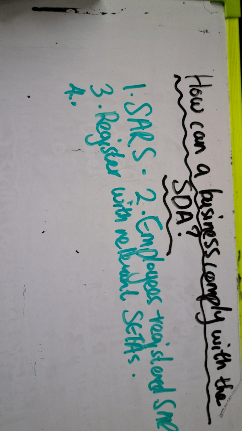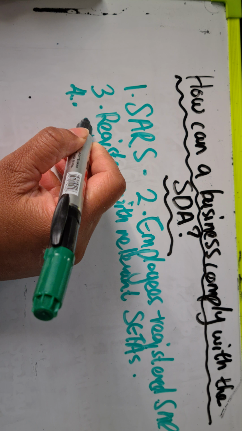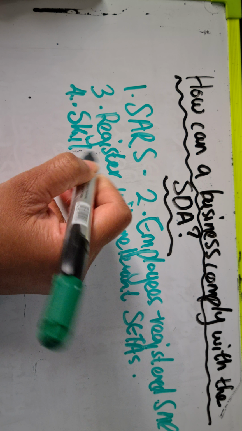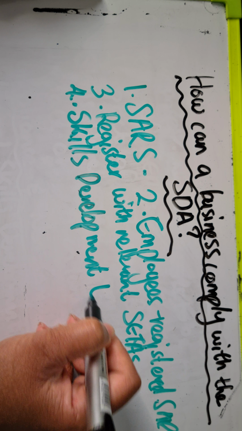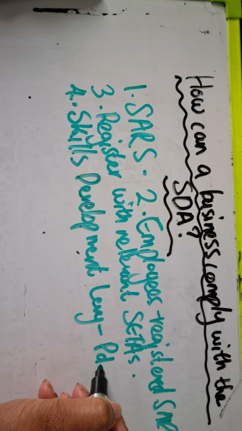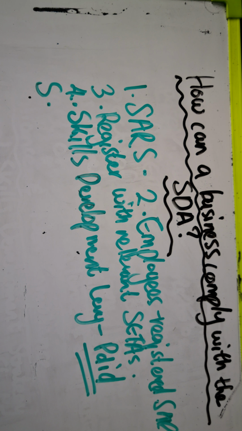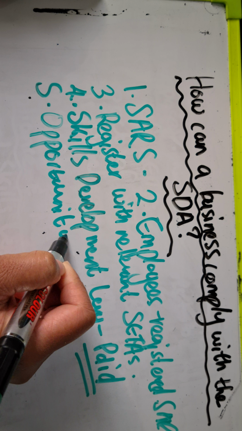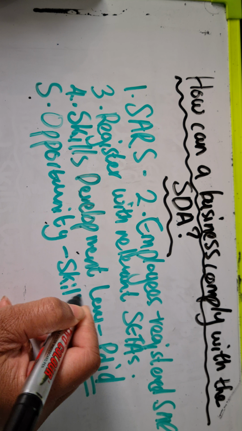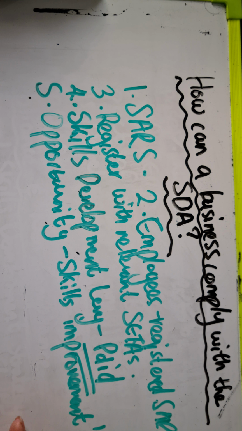Number 4, the skills development levy must be paid. Number 5, all employees should receive opportunity to improve their skills. Opportunity for skills improvement must be made by the business.